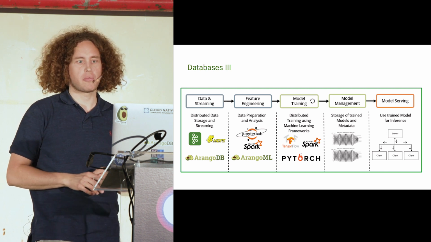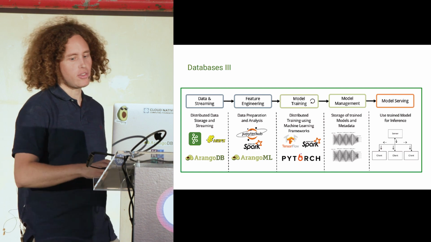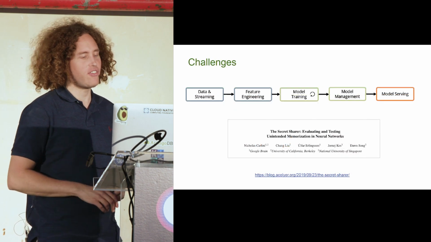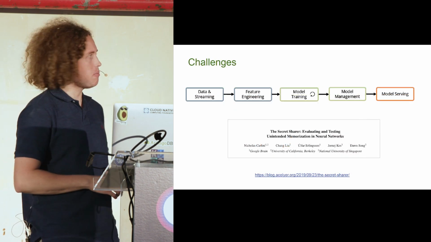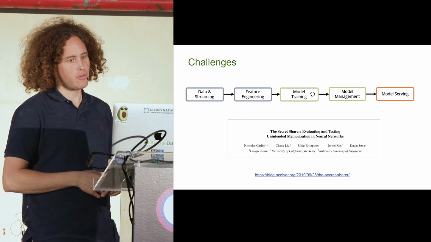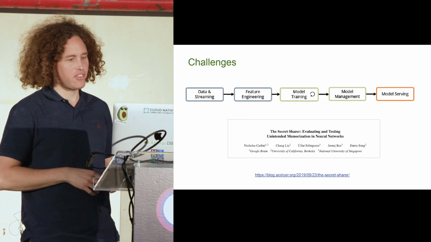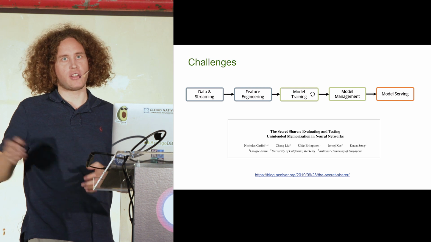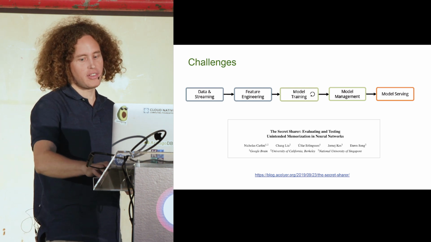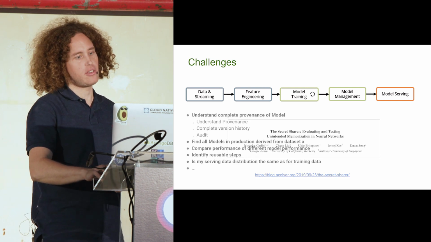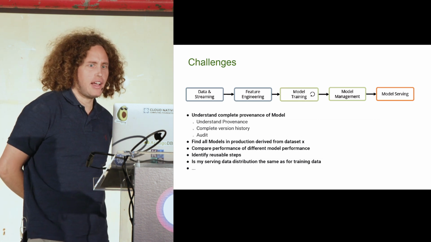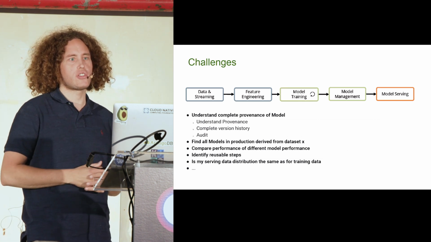And each of those systems was storing its own metadata. So when we wanted to figure out which models are being impacted by this one patient record, we had to go into 5 different systems and figure out the lineage and provenance of this patient record. And it also had many other challenges we were seeing.